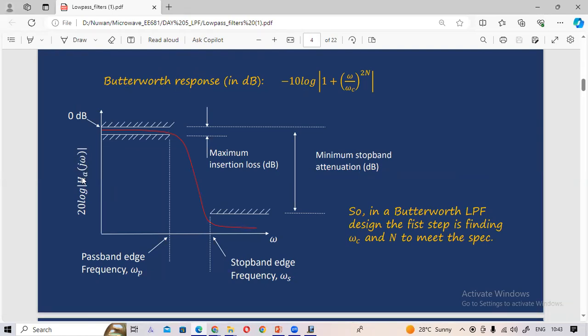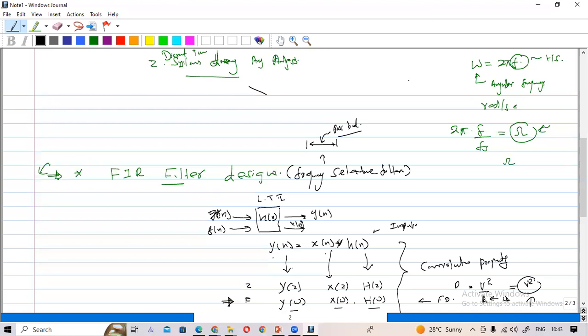Sometimes this is referred to as H(jω) also. Then you square this, so you get the power gain, the power response. Then you apply 10 log 10, which converts it into the decibel scale. So the square comes in front and it becomes 20 log 10.